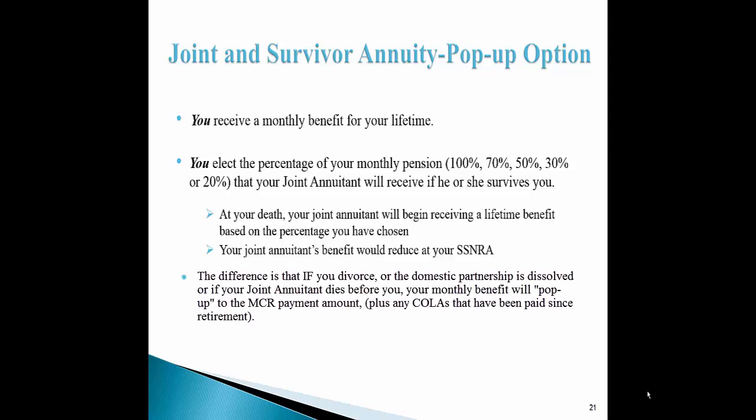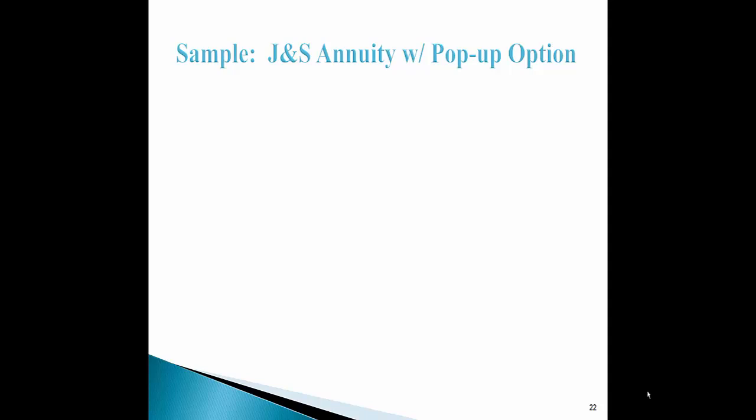The difference is that if you divorce, or the domestic partnership is dissolved, or if your joint annuitant dies before you, your monthly benefit will pop up to the MCR payment amount plus any COLAs that have been paid since retirement.